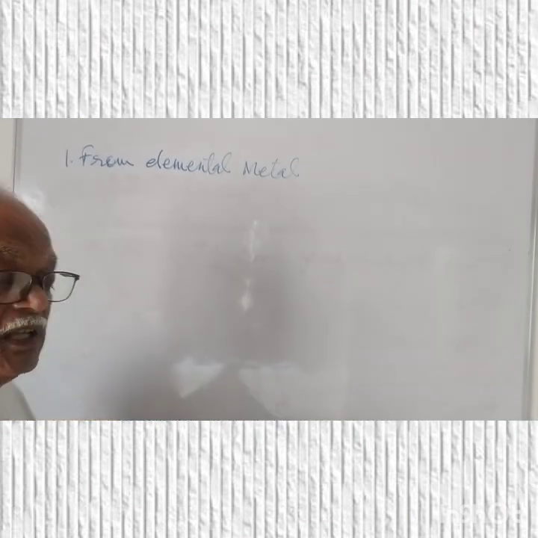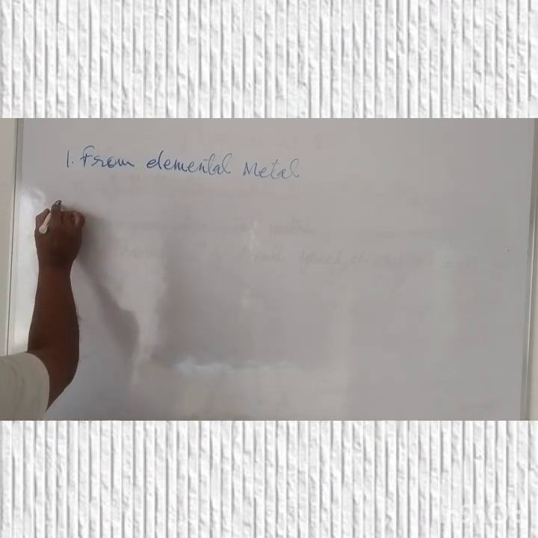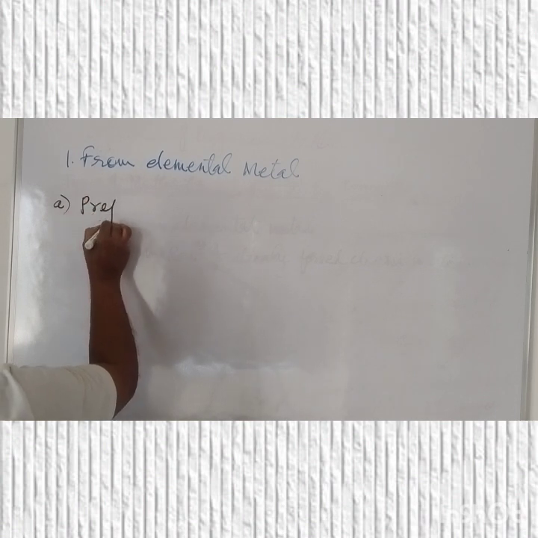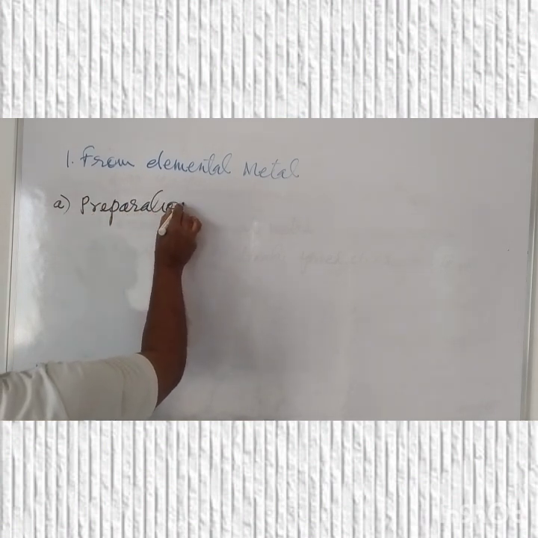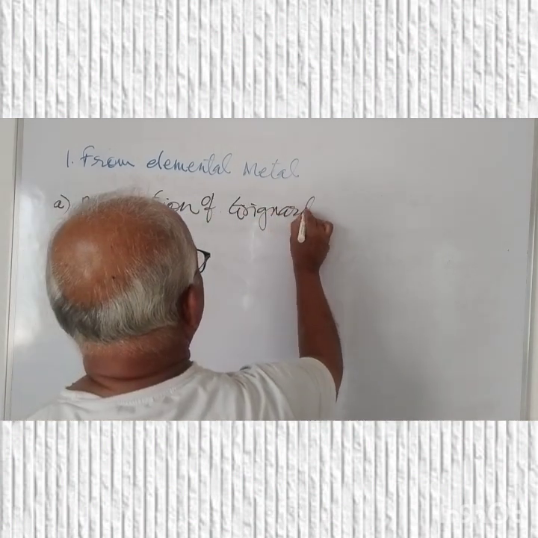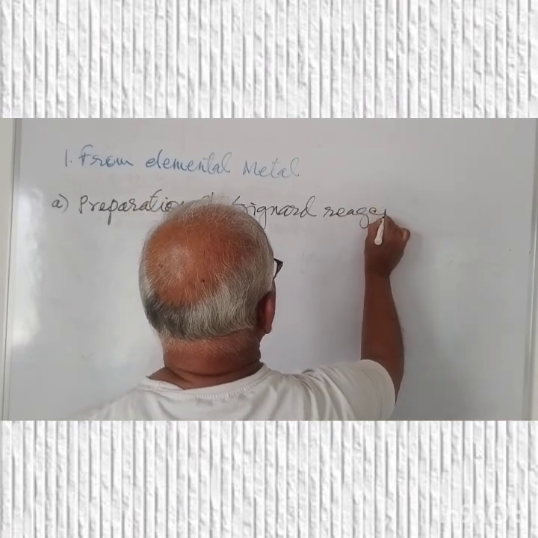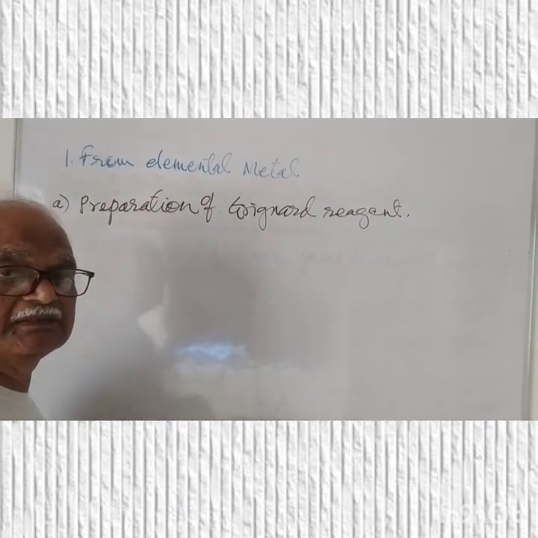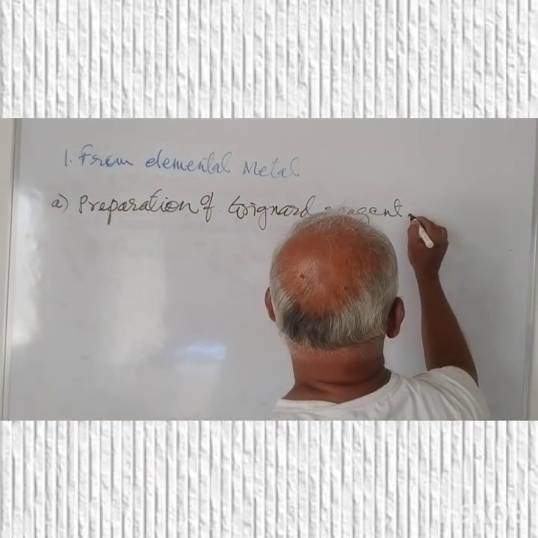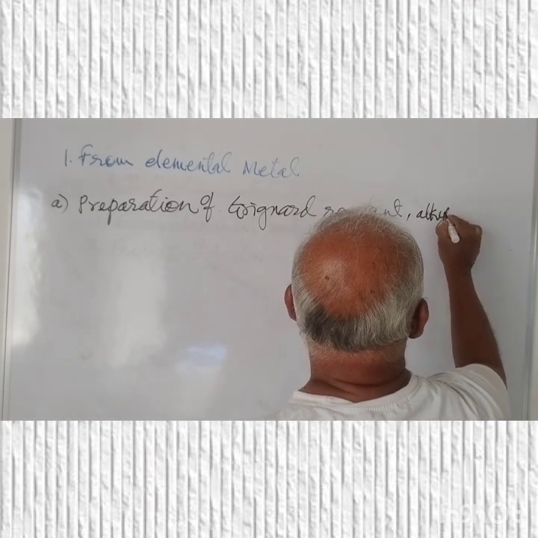There are the following types of reactions which are used in the synthesis of organometallic compounds. The first type is the preparation of Grignard reagent. Similarly, we can also prepare the organometallic compounds of lithium, which are called alkyl lithiums.